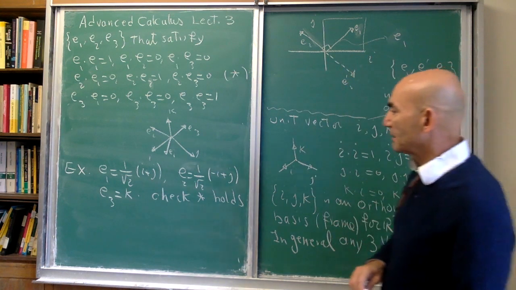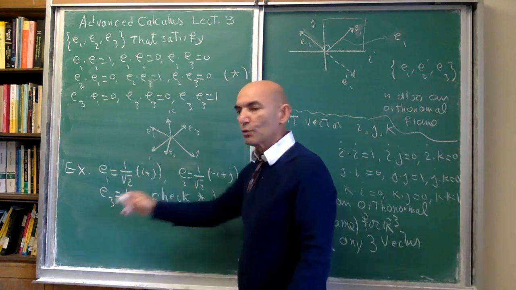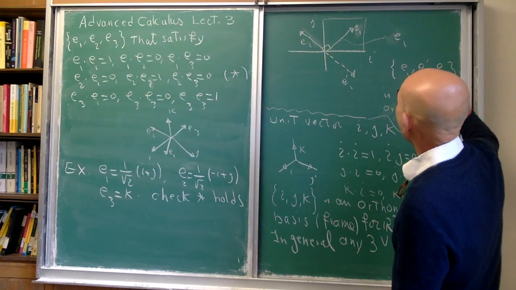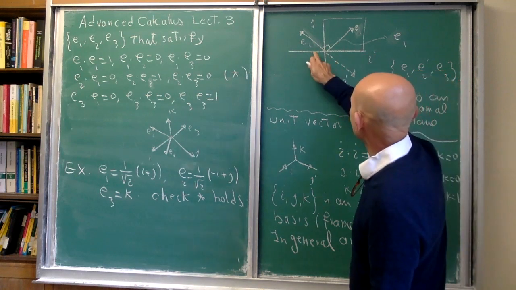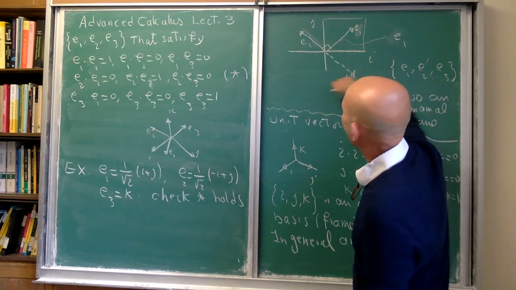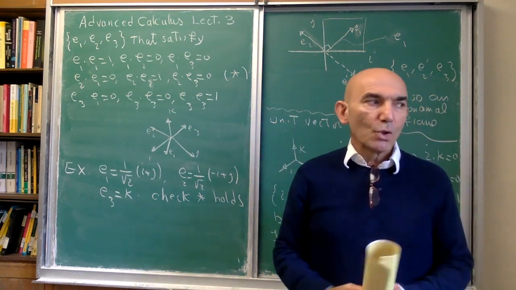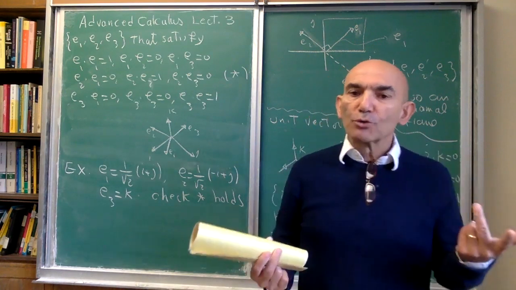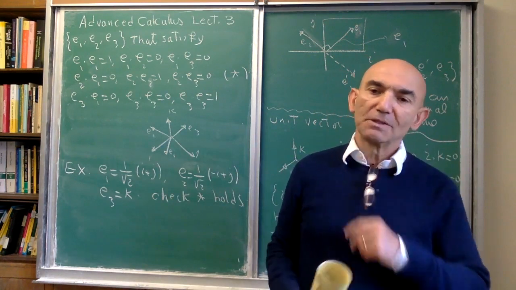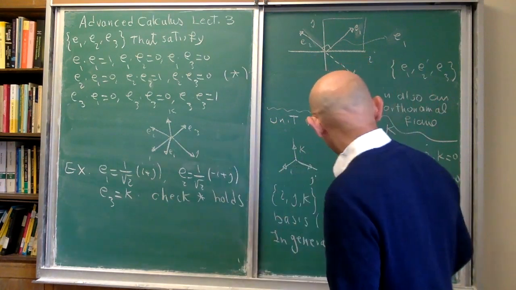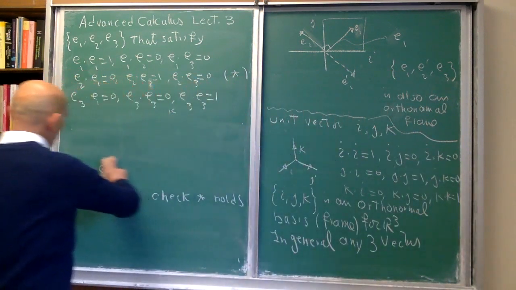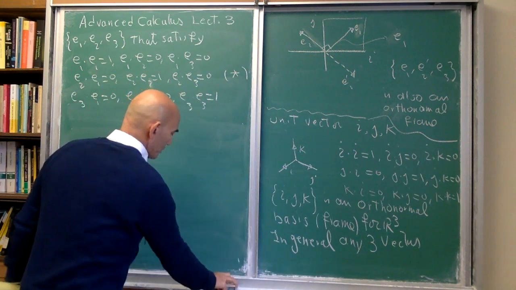Now what is the difference between basis E1, E2, E3 and the basis E1, E2 prime and E3? Both of them are orthonormal frames, orthonormal bases, but there is a subtle difference between the two. Let me write it here, and then we will discuss it more. I want you to pay attention to this fine point.